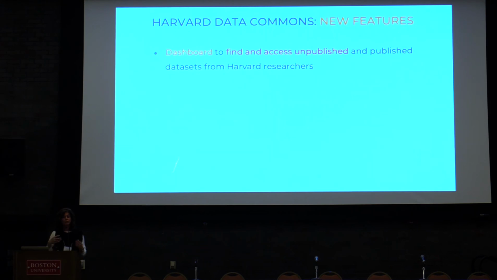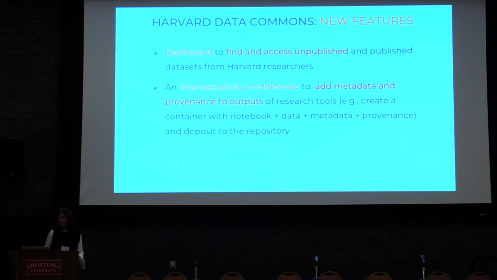Not only is it a useful tool for the research community, but also for the institution to know where the data sets are that researchers are using within my university, right? And where they're located, what metadata is associated with it, and what conditions or data agreements or terms apply to them.